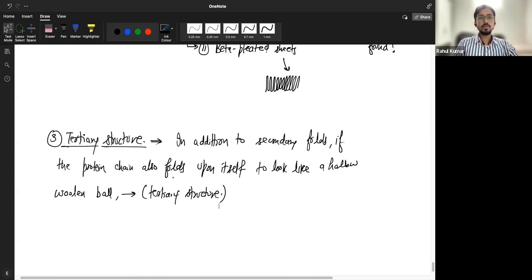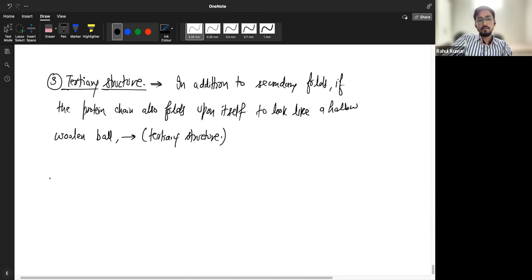Sometimes proteins also have one additional structure known as quaternary structure. So the fourth is quaternary. Quarter means 4, right? 1/4. So quaternary structure.